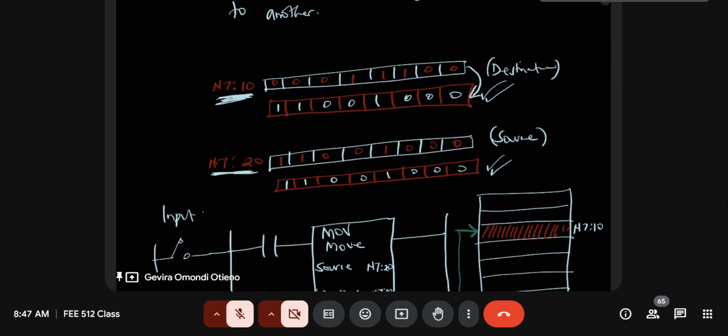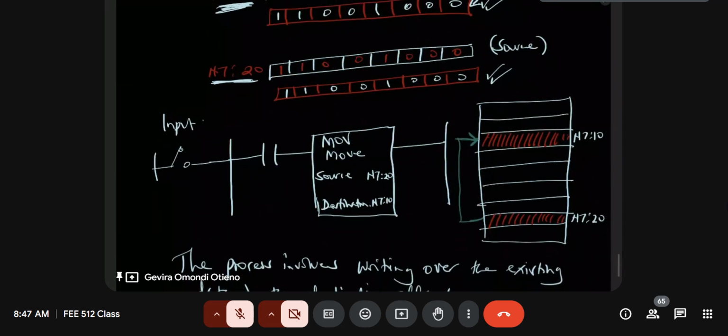I've also indicated how that is achieved using a ladder logic diagram, where we use the move instruction. When somebody makes the switch, the move instruction is activated, and whatever was in the memory location is affected accordingly.